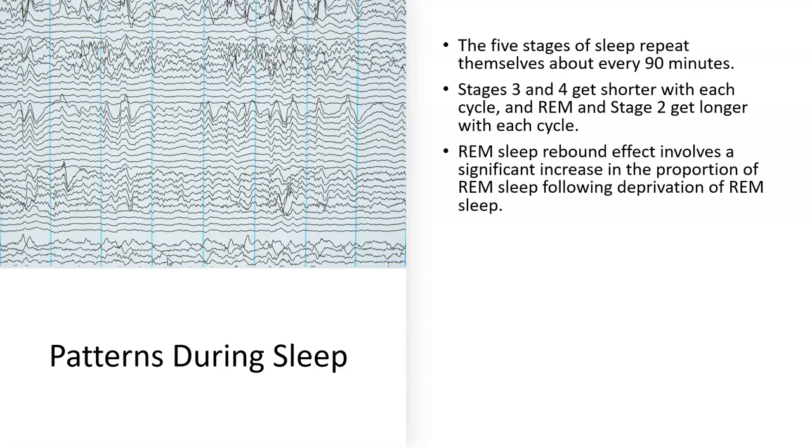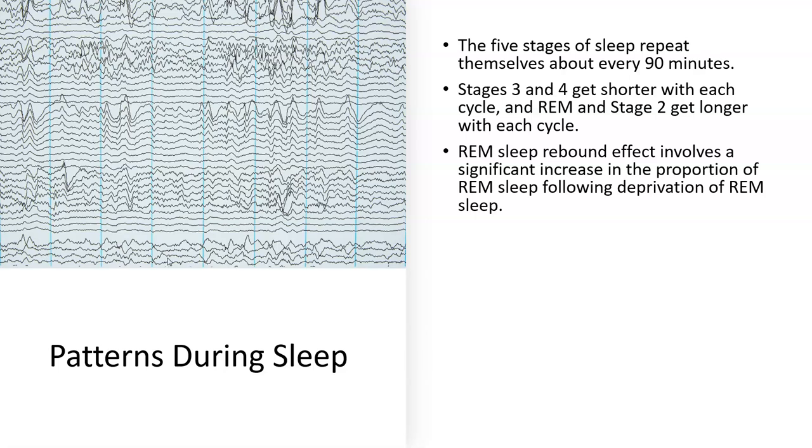The REM sleep rebound effect is something that can be seen when you have this jump of increased proportion of REM sleep if you've been deprived of it. So what researchers do here is they have people in a sleep laboratory. They're wired up to an EEG machine, and their sleep cycles are monitored.